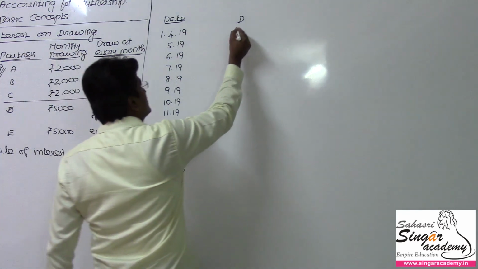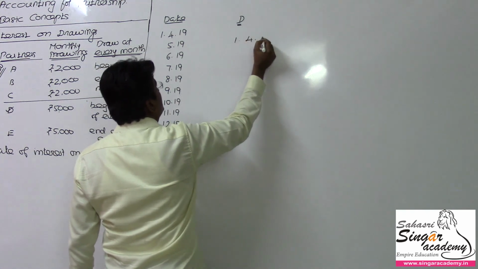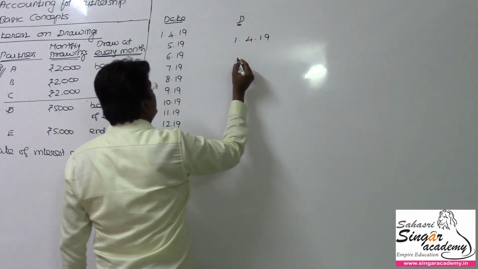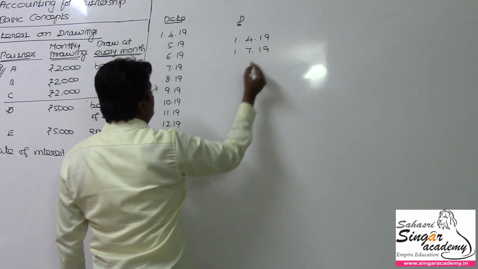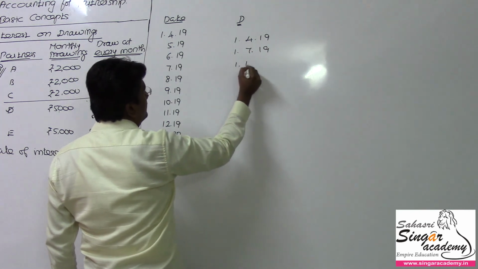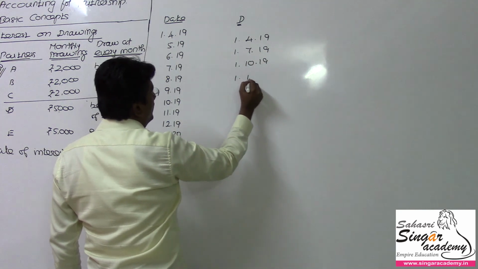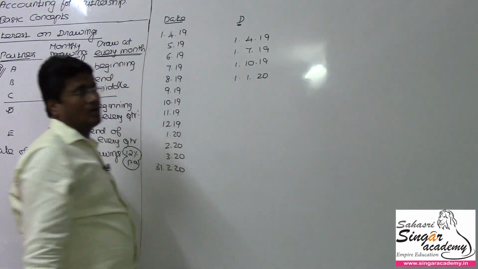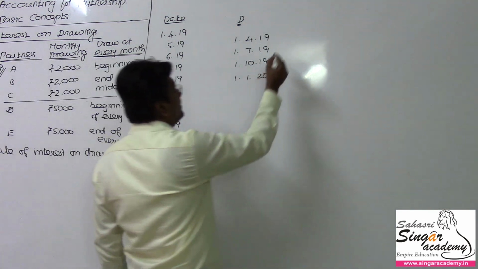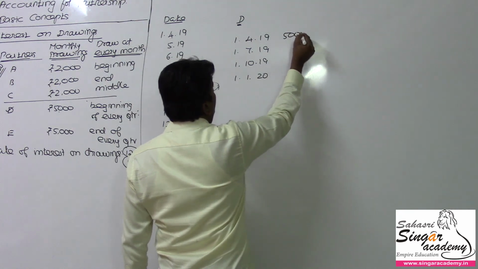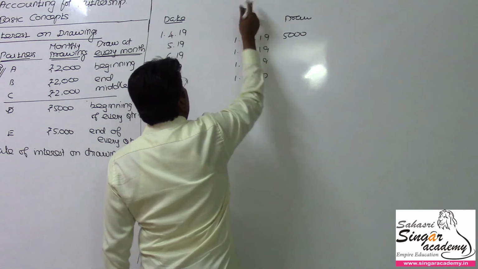So D draws this way: first installment on 1/4/2019, second installment on 1/7/19, third installment on 1/10/19, fourth installment on 1/1/20. Quarterly once he withdraws 5,000 rupees. Date and drawings, partner D.